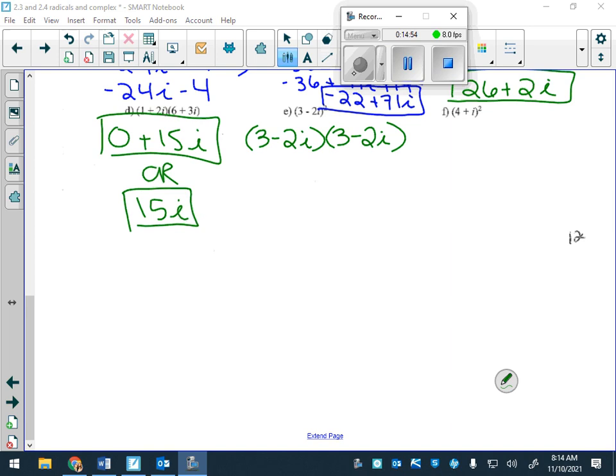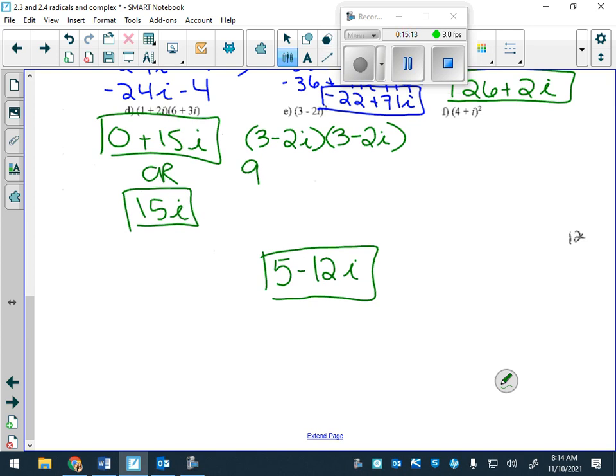Okay, what do we end up getting for E? Everett, go ahead. Excellent. 5 minus 12i. How many of you got that? Okay, let's go through it. 3 times 3. 9. 3 times negative 2i. Good.